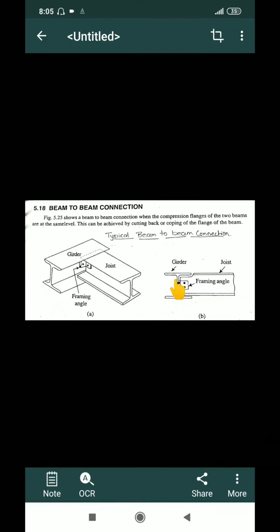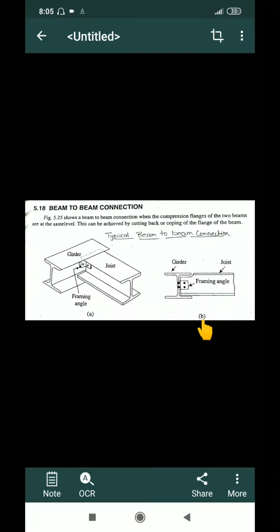One leg connects the web of the girder with the angle, and the other leg connects the angle with the web of the joist. So this is how a typical beam to beam connection is provided.